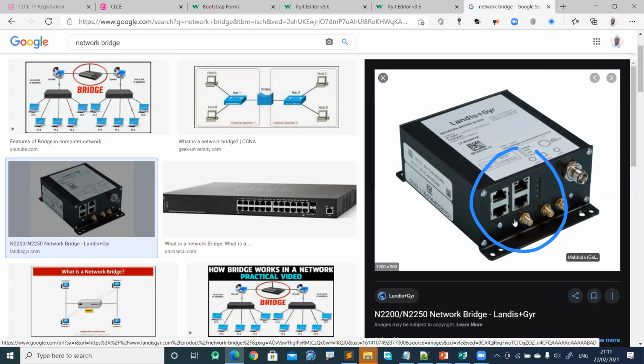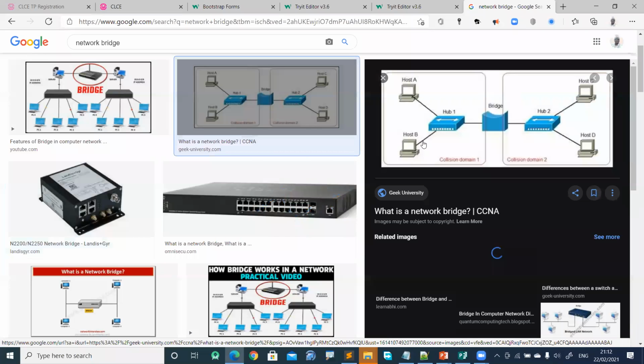That is the only difference. A bridge is like there's a river here, and then you put a bridge. What is the job of a bridge? The job of a bridge is to connect networks. Let me show you this one. I think this one is better.